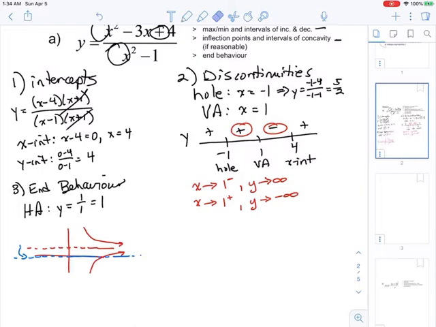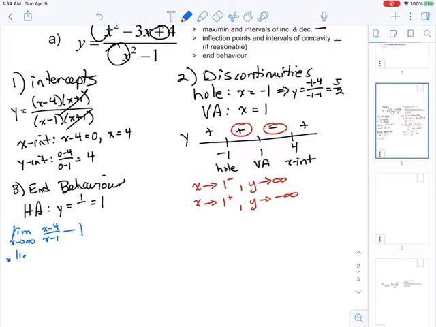Algebraically speaking, we want to know what is the limit as x goes to infinity of our original function simplified, which is x minus 4 over x minus 1, brought down by 1.